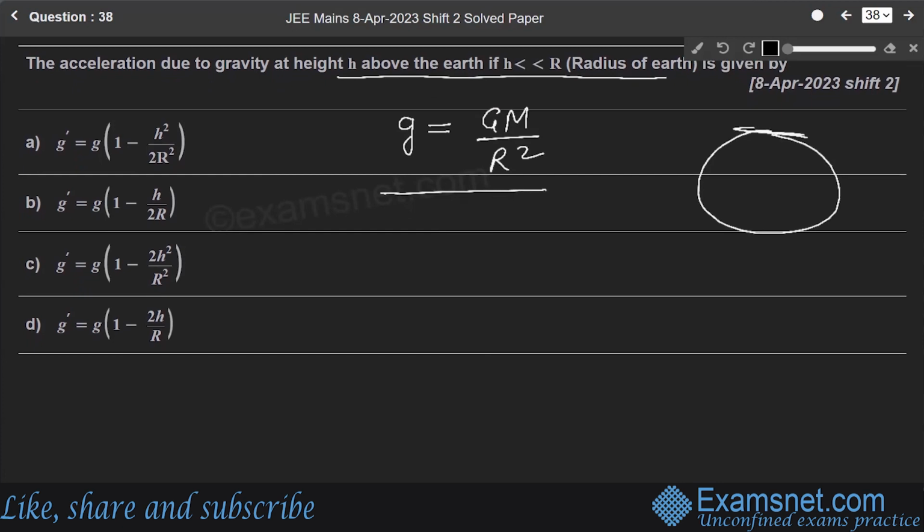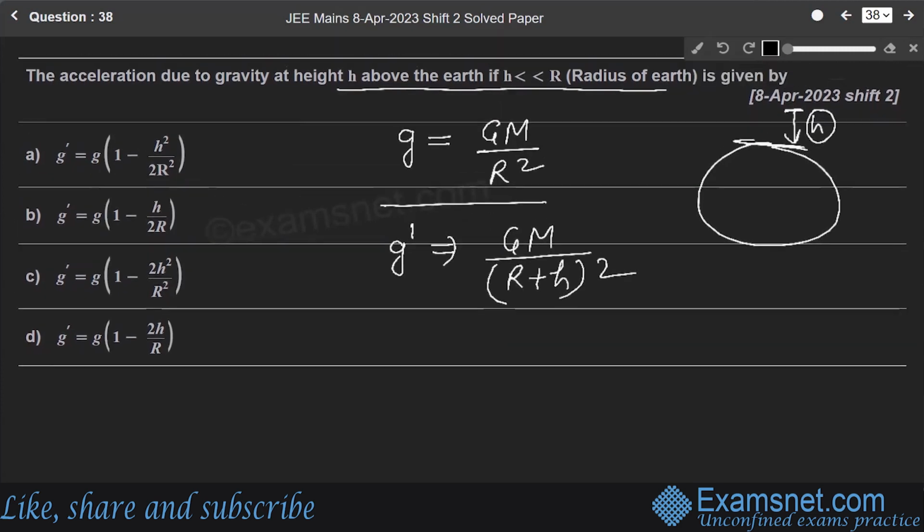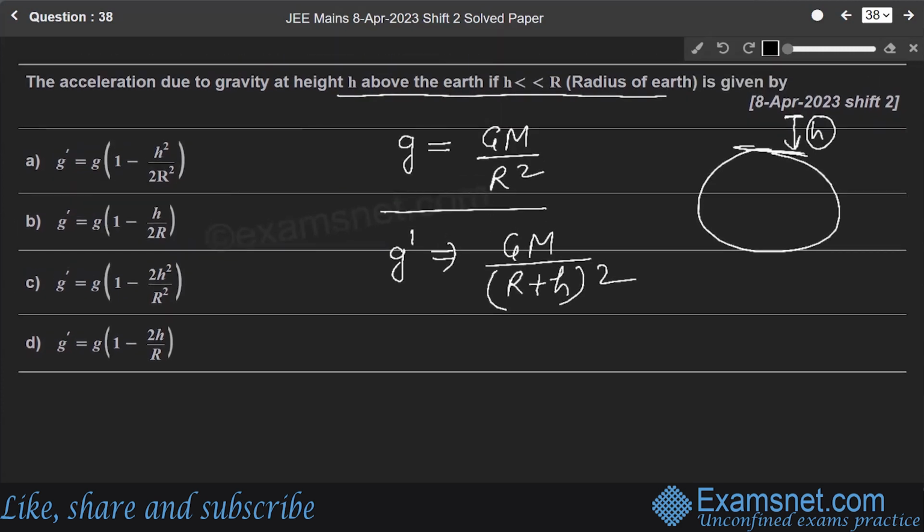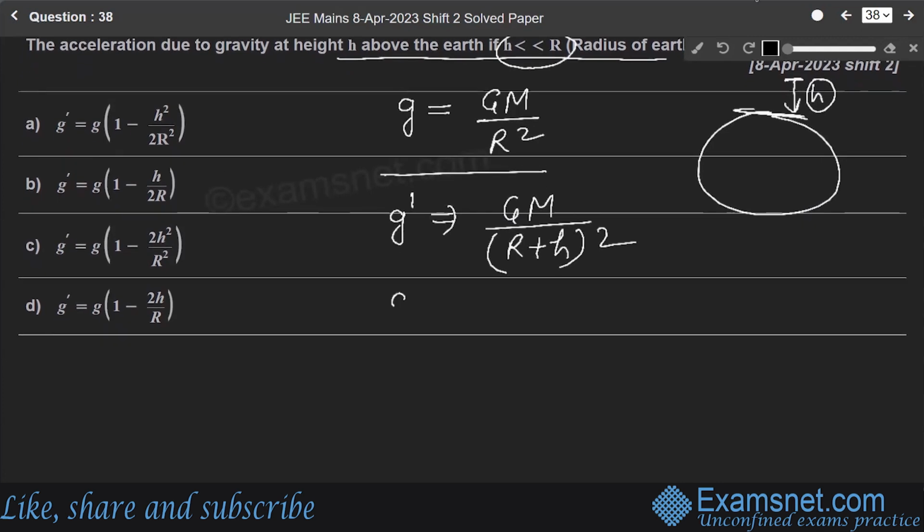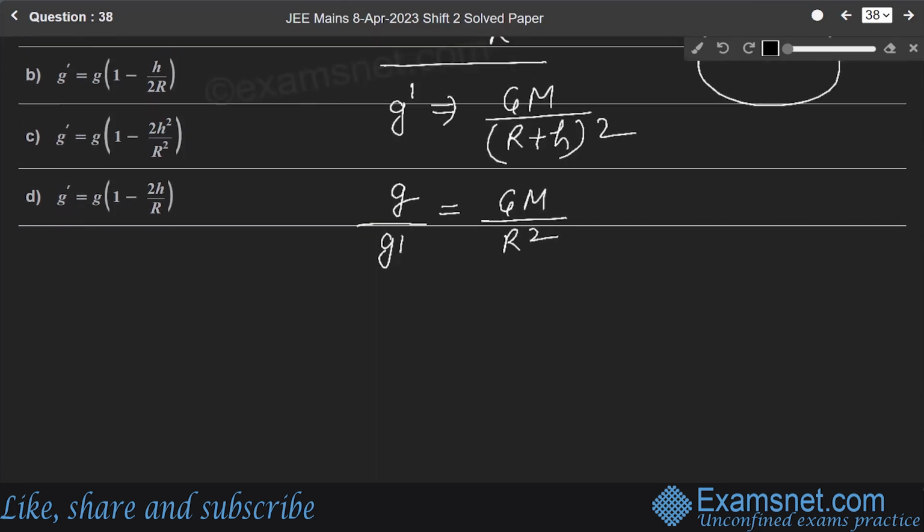Now, if we have to measure the gravity at a height h, the formula becomes g dash equals GM over (R plus h) whole square. Okay. Now, it is saying h is very less than R. Now, dividing g by g dash is equal to GM over R square over GM over (R plus h) whole square.